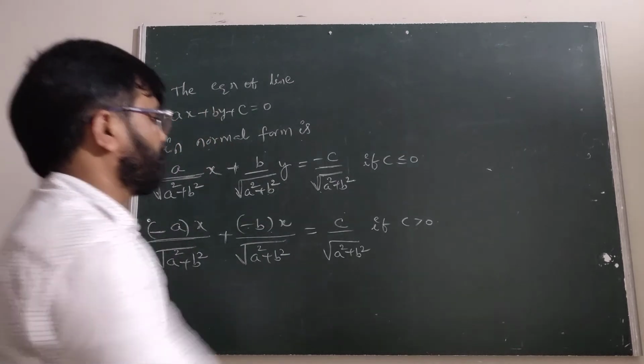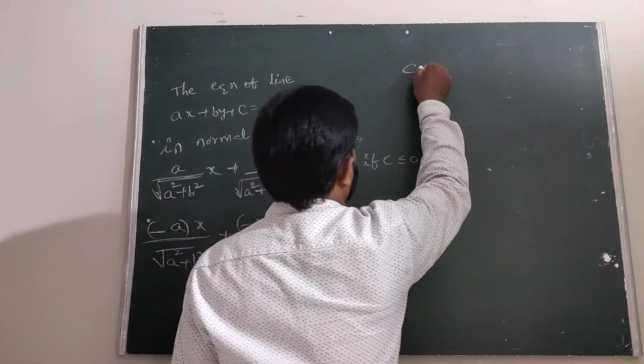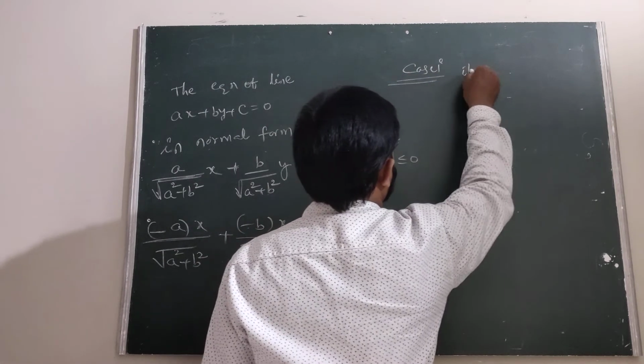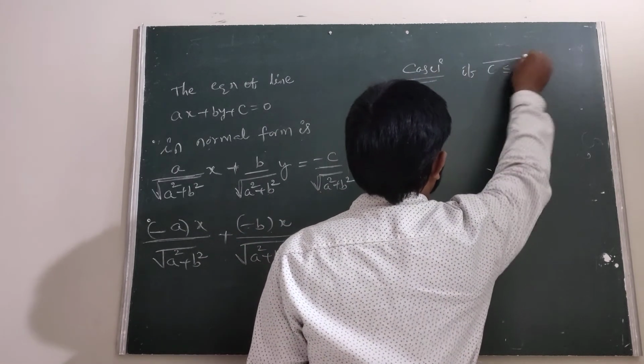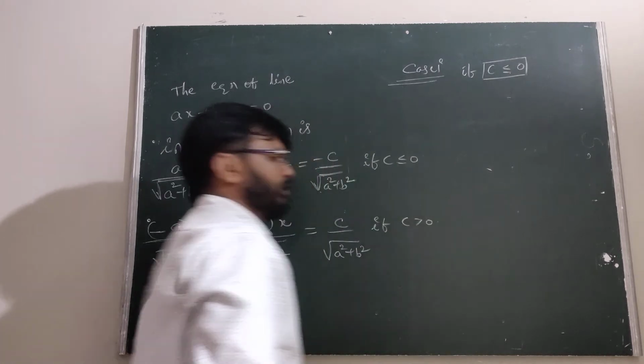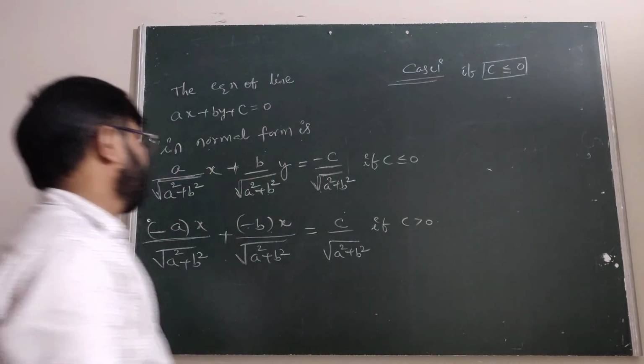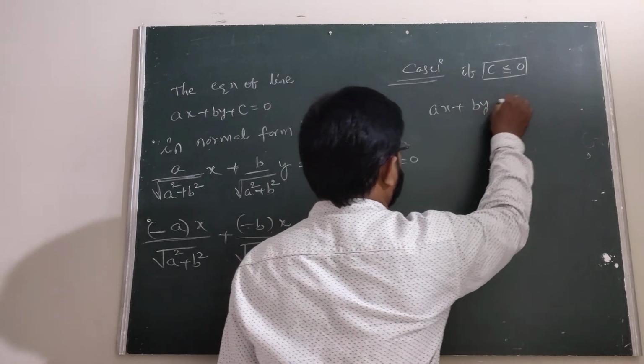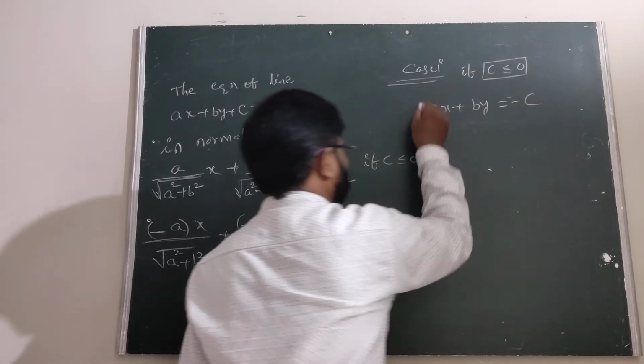Here case 1 is this one. All of you listen here. In case 1, if c is negative, the given line we can take as ax plus by equal to minus c.